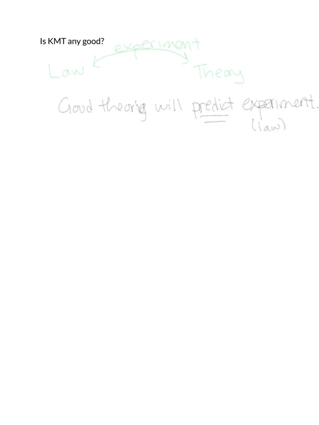But if I've fixed my experiment over and over and over and I'm certain that that's fine, then I can conclude that my theory is messed up and I have to fix something about it. So kinetic molecular theory is great. It's nice to say that gas molecules move in straight lines, or it's nice to say that the temperature is proportional to the kinetic energy. But if it doesn't help me to predict something about the way a real gas would behave, it's useless and I better fix it. So let's try something.